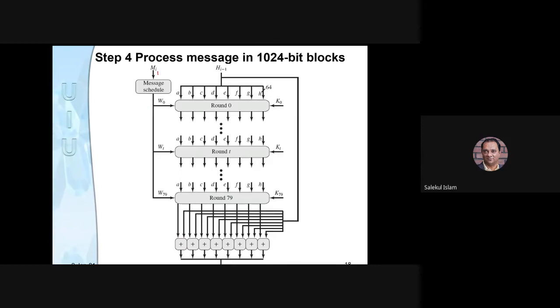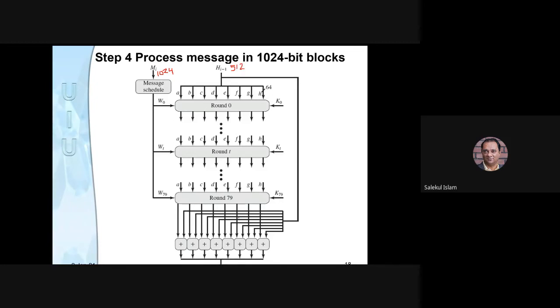Okay, so this is 1024 bits. And what is the length of Hi minus 1? 512 bits. Similarly, the length of Hi at the bottom is another 512 bits.